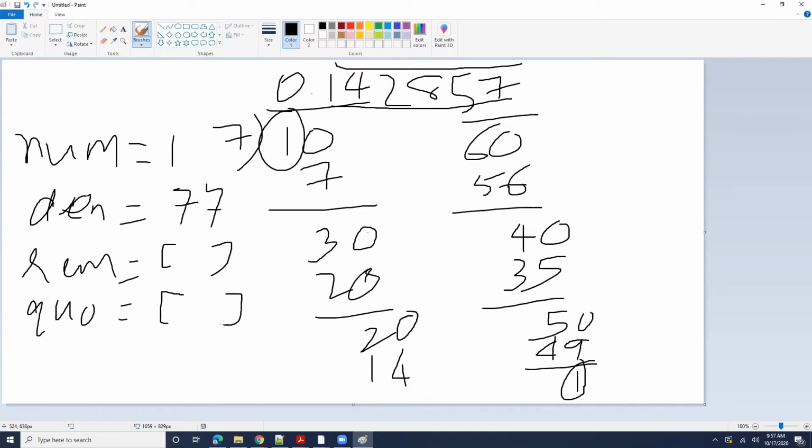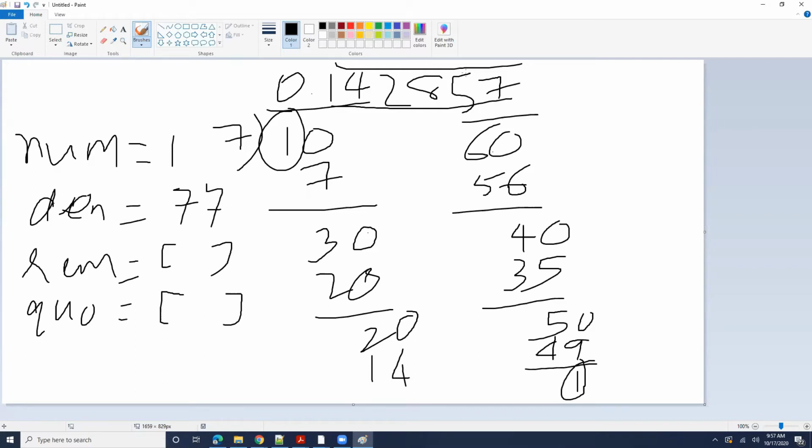Then you loop. Till what? Till what do you loop? So till when do you have to keep dividing? Till you see that it is repeating.